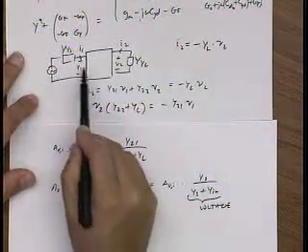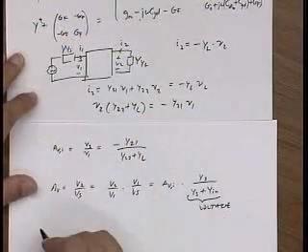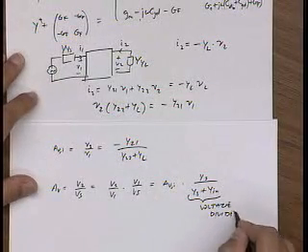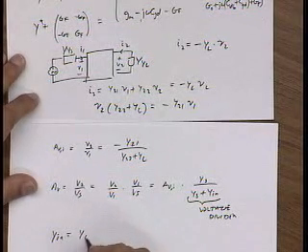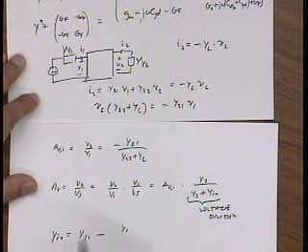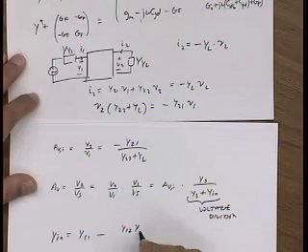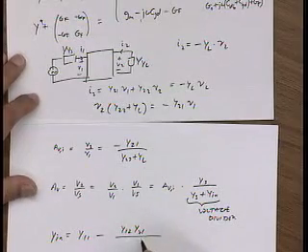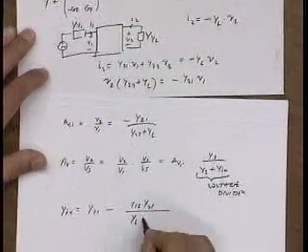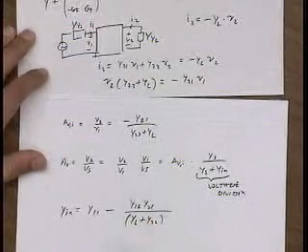Right, so Yin is just the admittance looking in there. And Yin, as we saw last lecture, is y11, and then the term due to the feedback, minus y12 y21 over (yl plus y22).